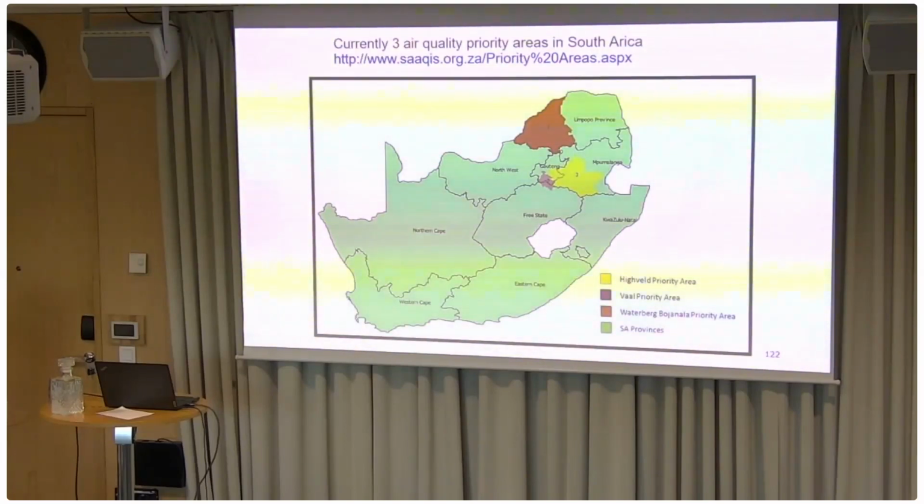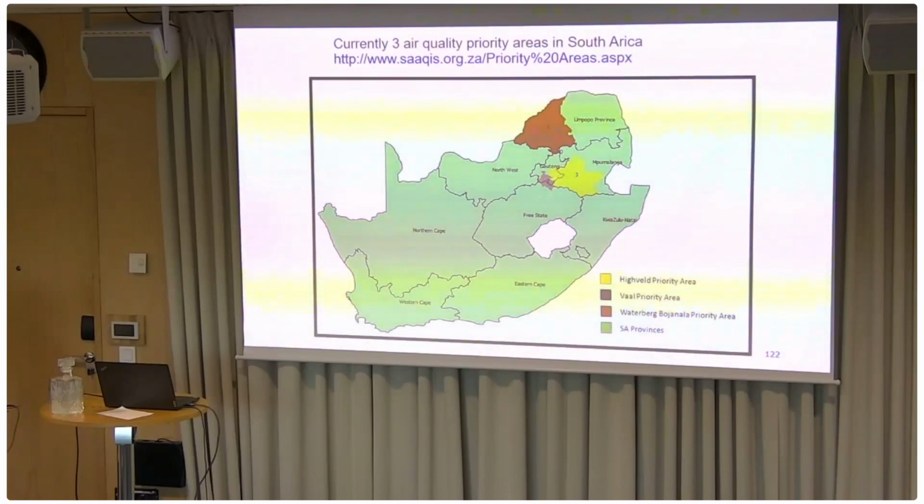Why I'm telling you about the Air Quality Acts: in South Africa, according to our Air Quality Act, 3 air pollution priority areas were declared. It's this area we are talking about now, the Vaal Triangle Air Pollution Priority Area.